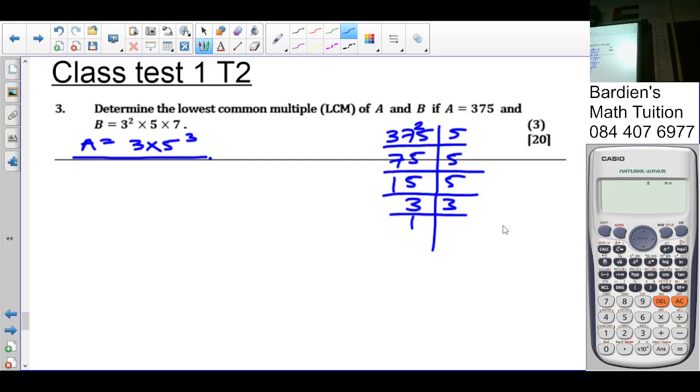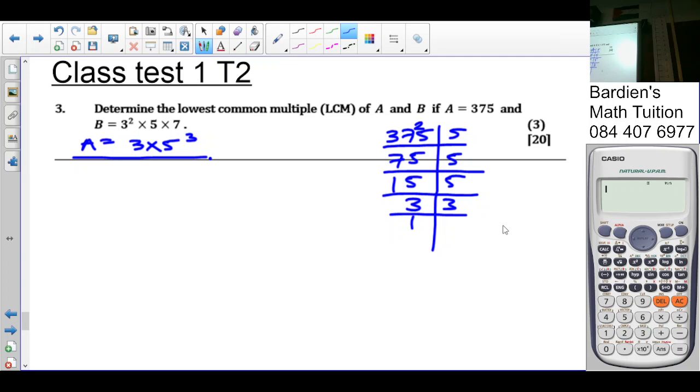We will consider all bases with the highest exponent. Then you make a note below that.